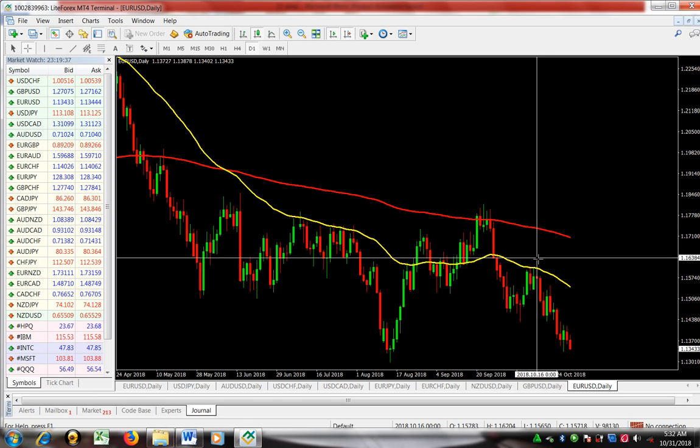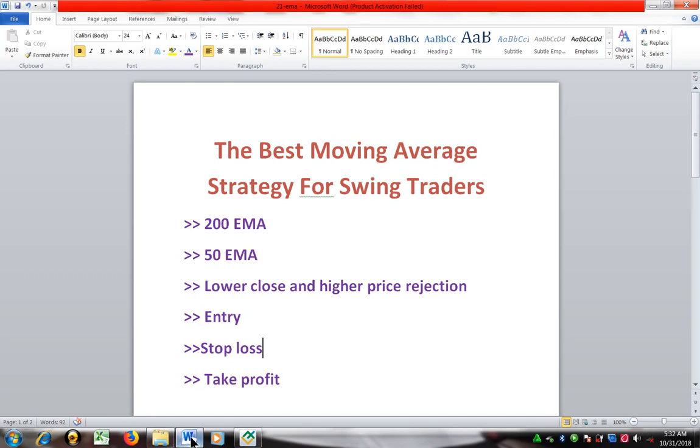The previous bar which gave us a price rejection or lower close, we put the stop loss at 20 pips above the moving average with respect to that setup bar. So that's a very good way to set stop loss. This is going to give our open position enough space to breathe, right? This is a very good way of using moving average when trading swing, right?